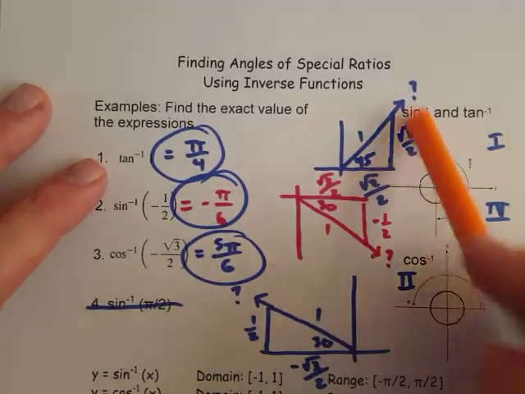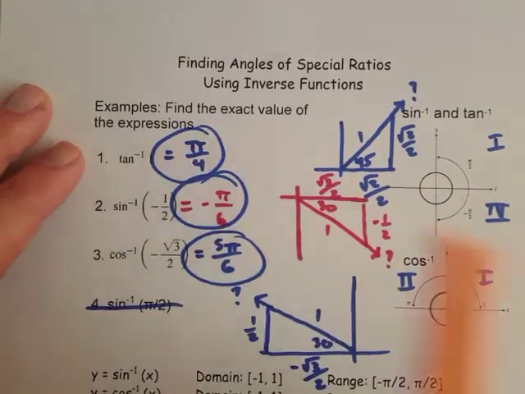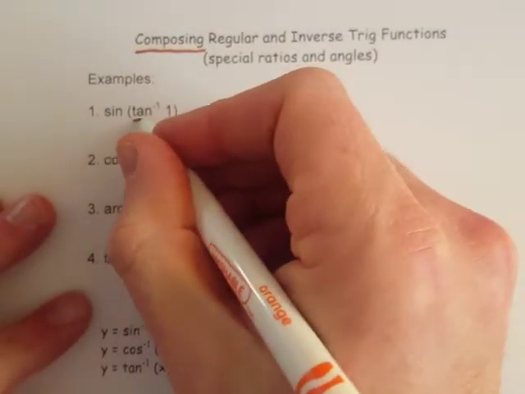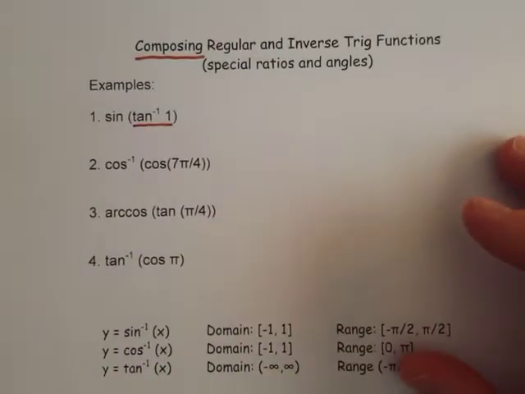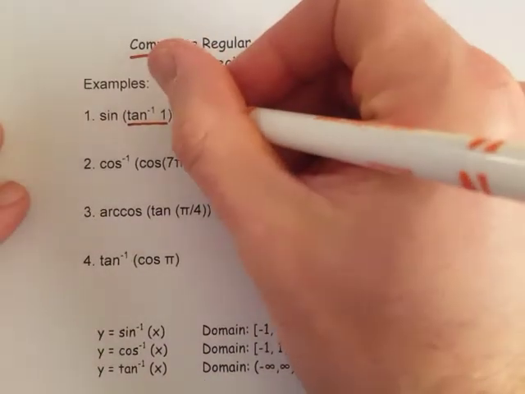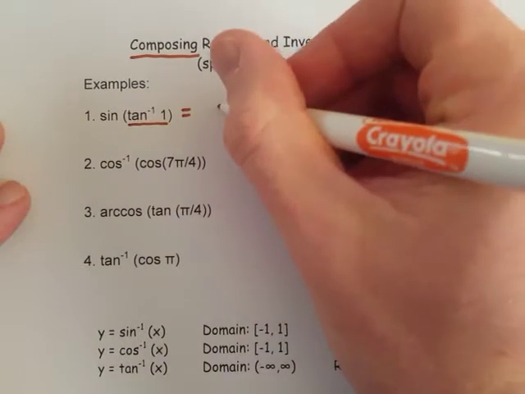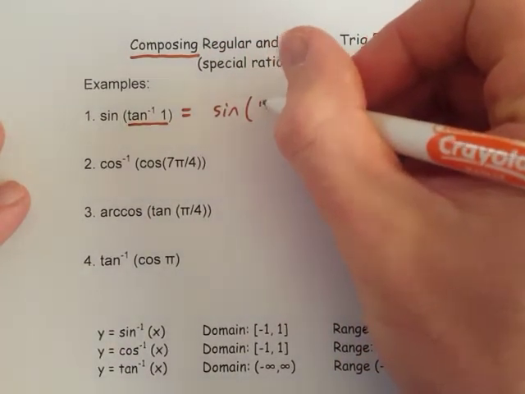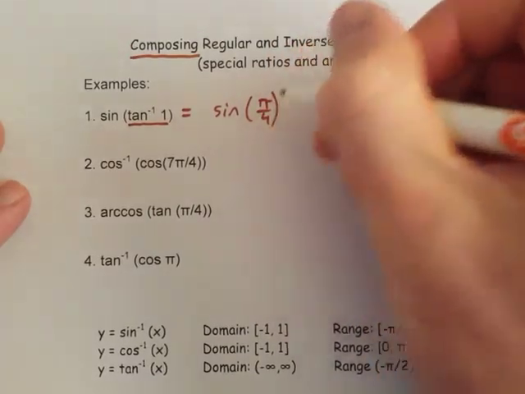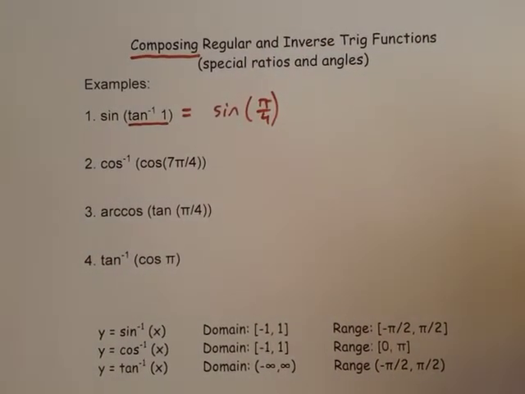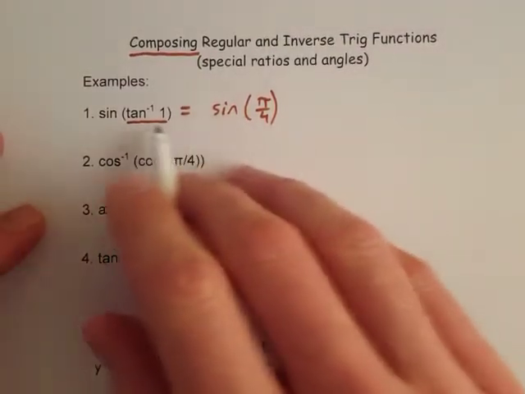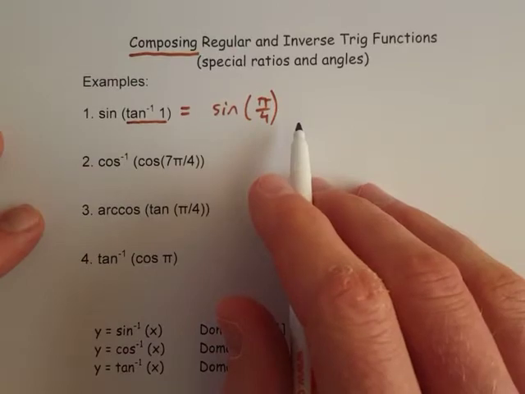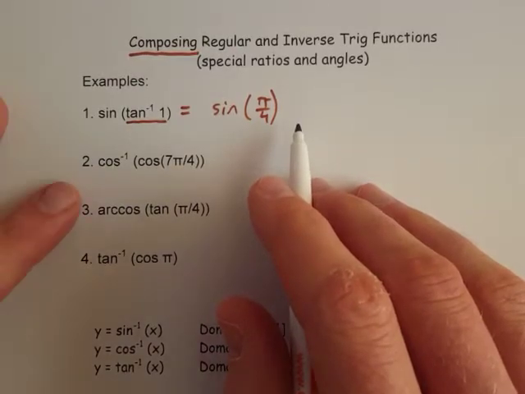And then in our triangle, we draw 45, 45, 90, so that is pi over 4. That means that this tangent inverse of 1 is going to be replaced by pi over 4. So I'm going to rewrite this as sine of pi over 4. It's really important to me that you actually do a second step by rewriting this. If you jump right to the answer, I'm going to wonder what's going on with your problem here.